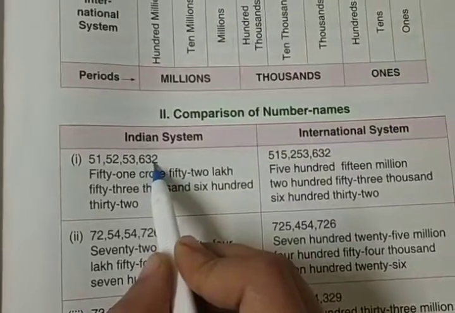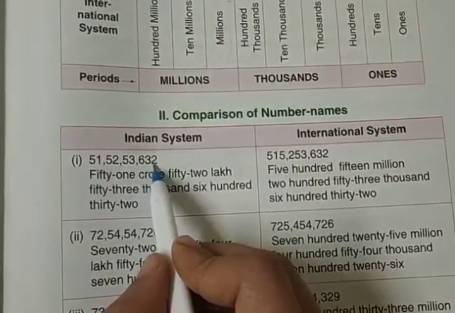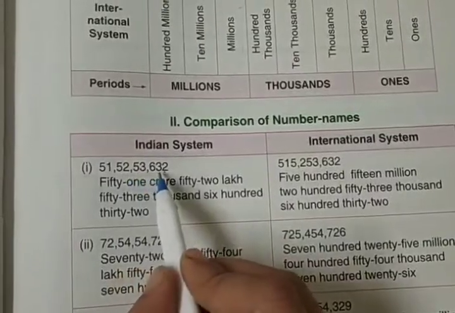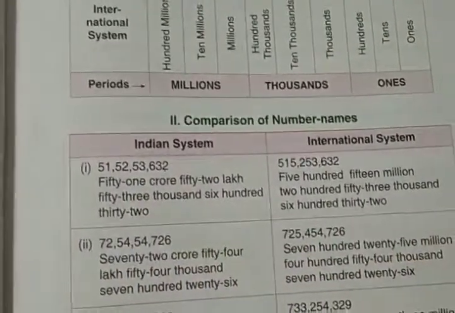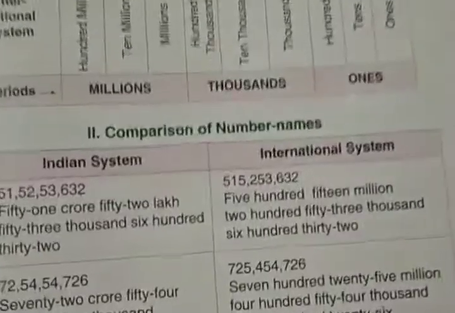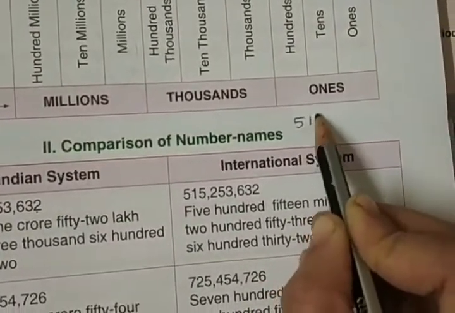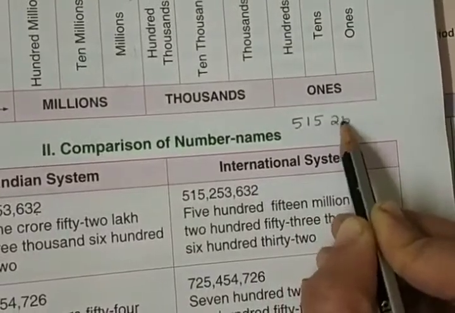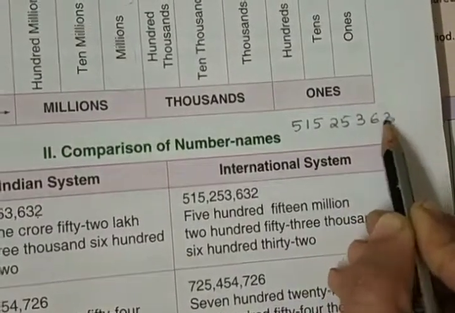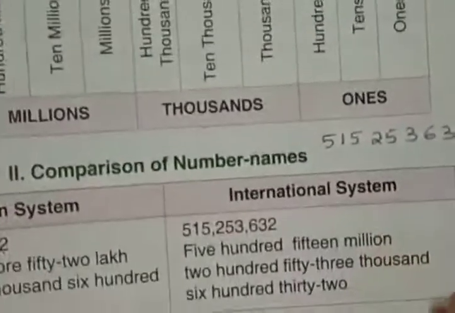This is the Indian system of numeration. If you want to write the same number in the international system of numeration, how is it written? The number is 515,253,632. Now the commas will be different here.